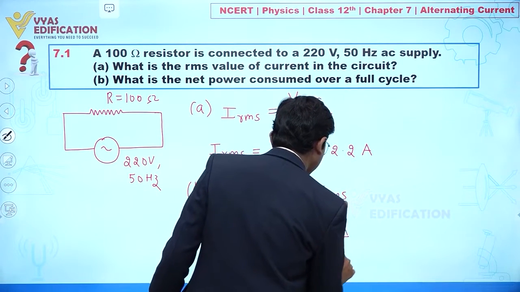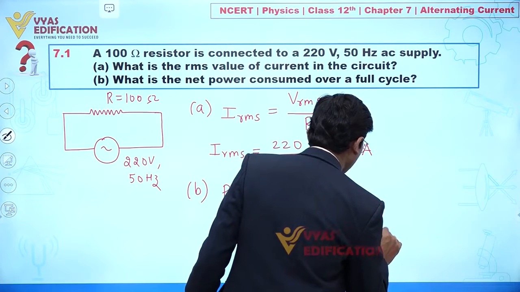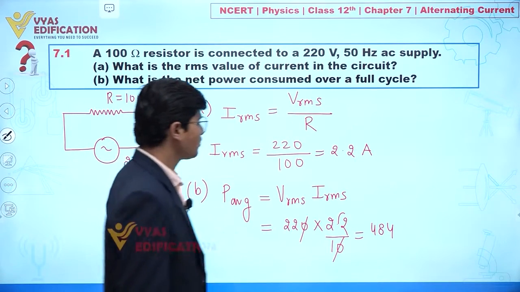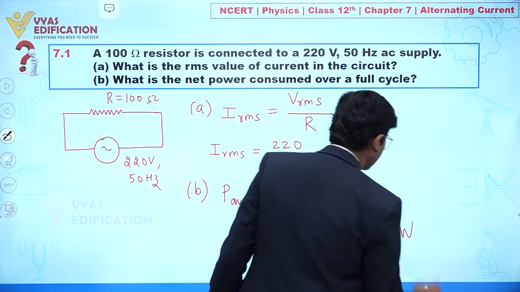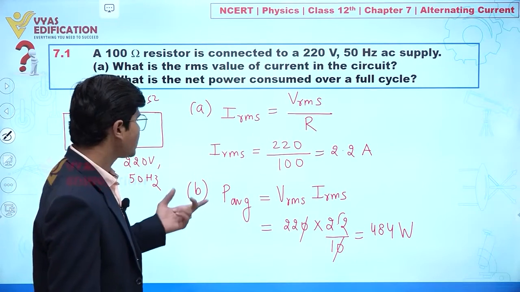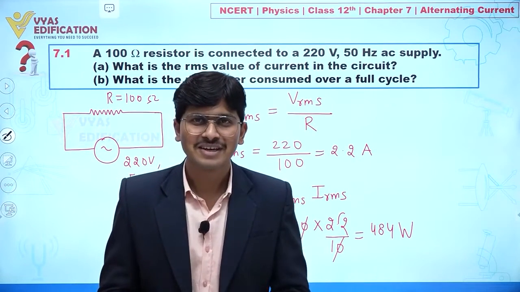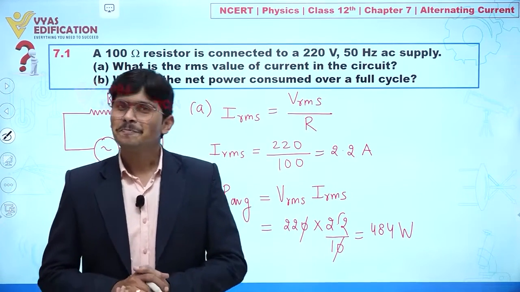From here this one and this one cancel out, and we get 484, and because this is power, the unit is watt. So the average power we get is 484 watt. So this is all about this question.